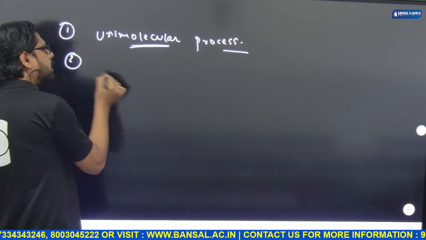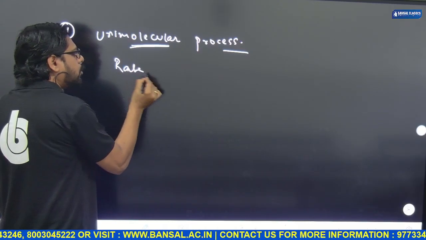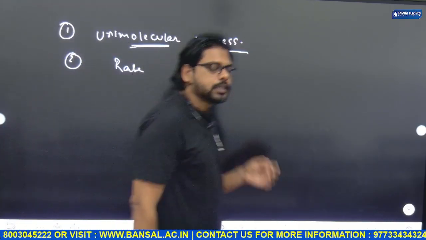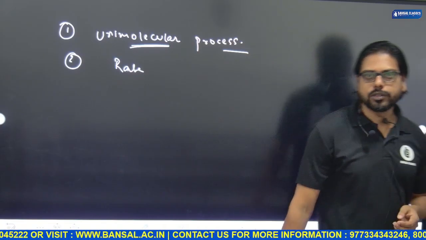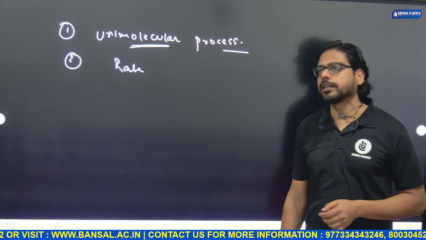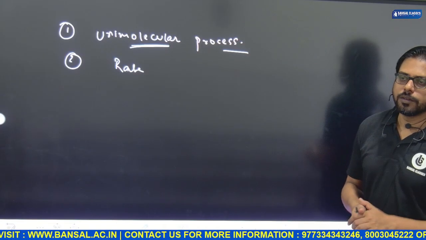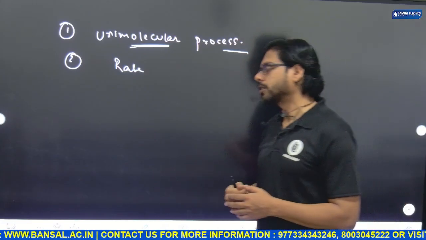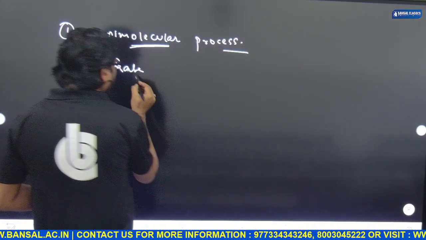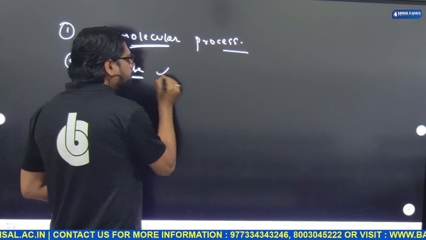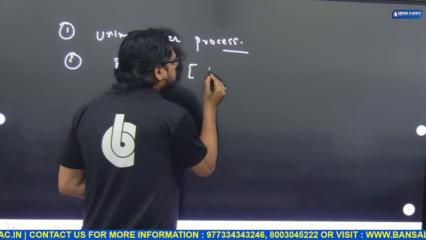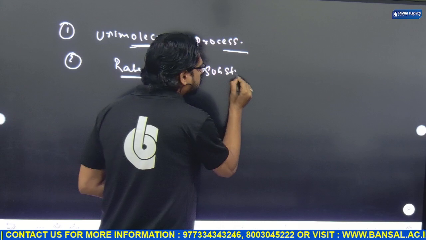So rate. Now what is rate? In the chemical kinetics chapter, we have learned about the rate of chemical reactions. We know that there are different orders of rates, like first order, zero order or second order reaction. So the rate of the reaction here will be directly proportional to the substrate only. What is the substrate here?